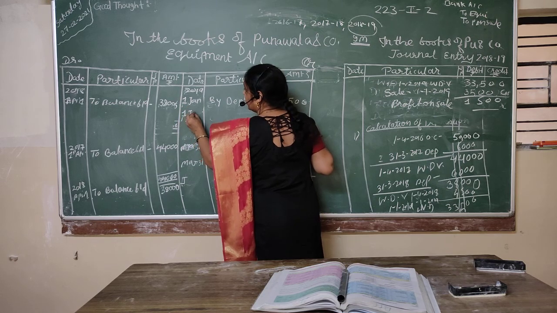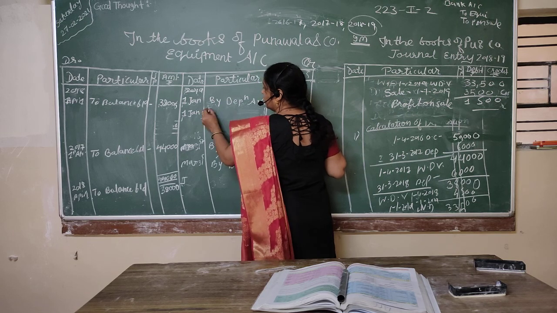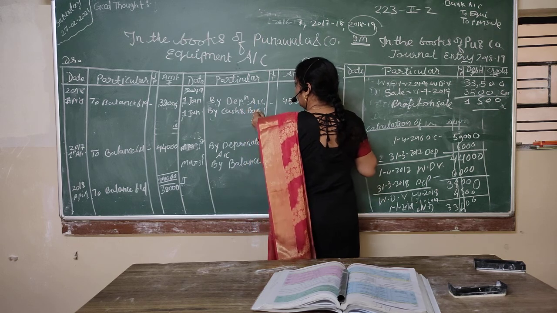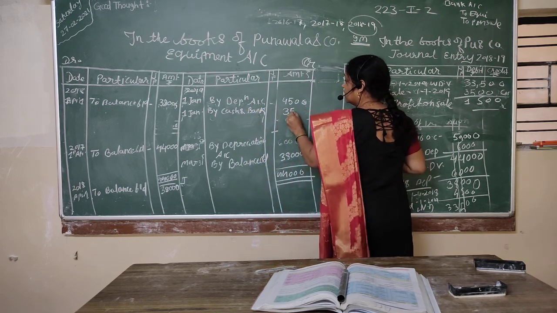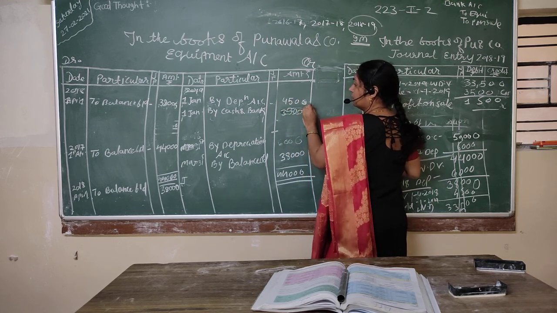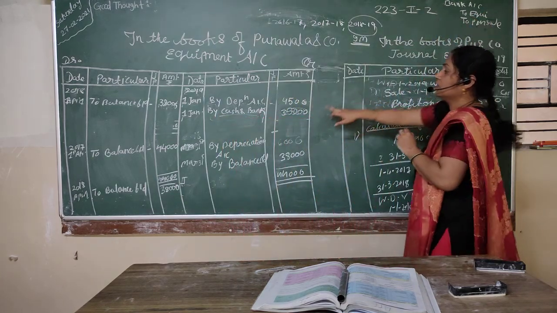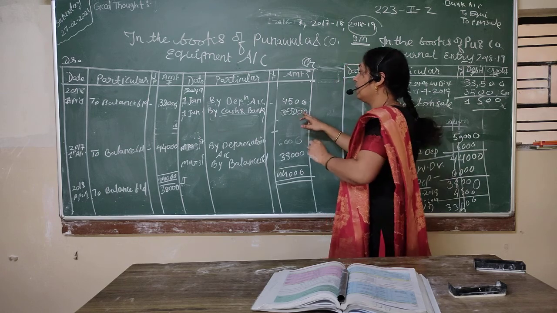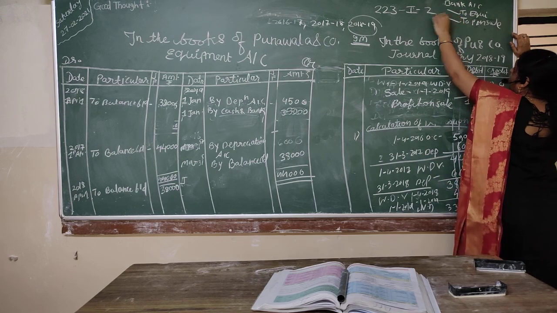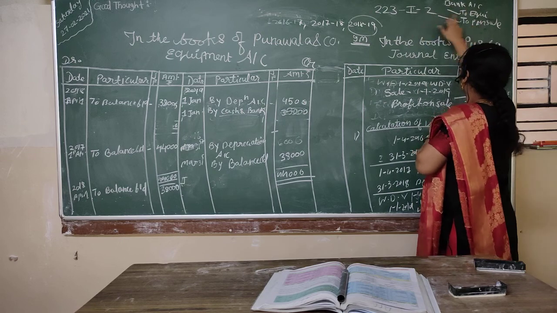So what is the sale entry? Cash and bank account debit to equipment. So by equipment on the credit side, by cash and bank, and for how much we have sold it: 35,000. 35,000 is the selling price. So profit will be recorded, since in the journal entry equipment comes along with the profit on sale, it will be written on the debit side.